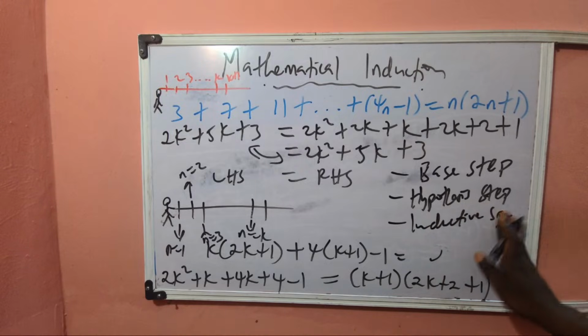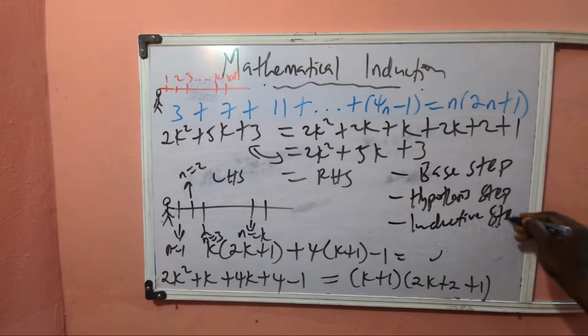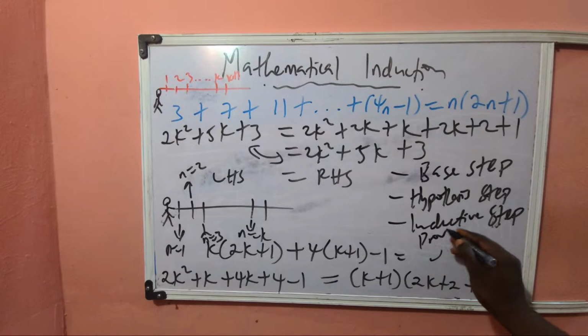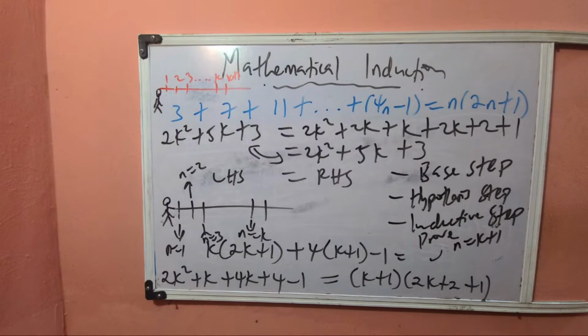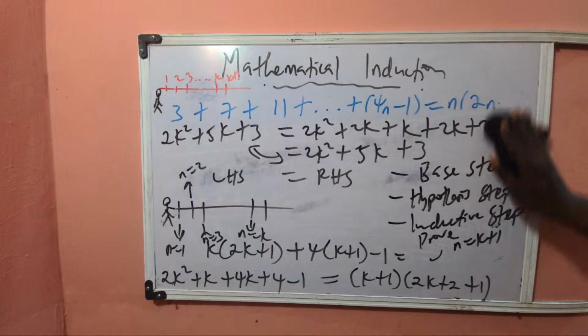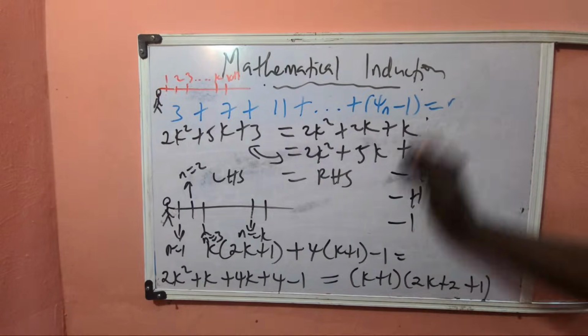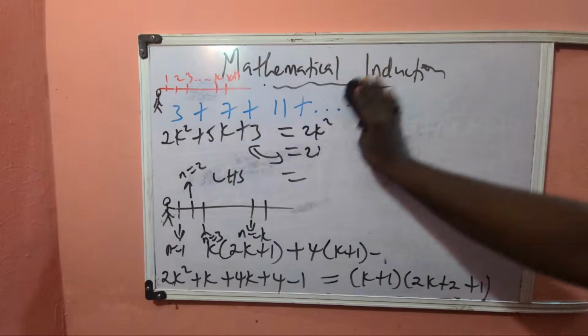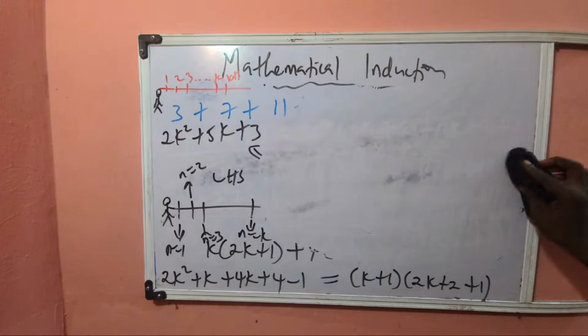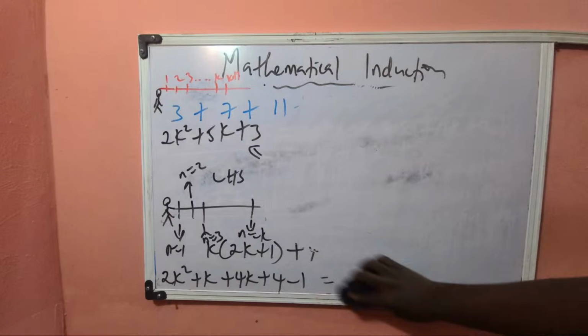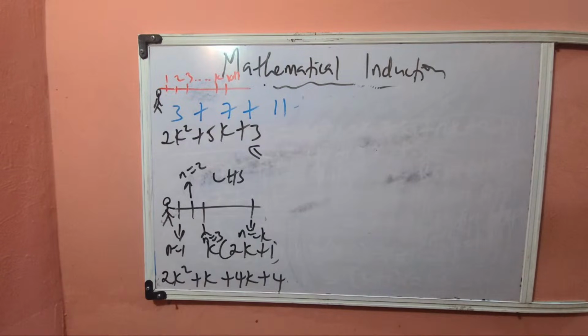This is where you prove that the step after n equals k, which is n equals k plus 1, is actually true also. It's that simple. So you don't need to ever feel mathematical induction has any complexity. It's very simple. So let's solve rules for divisibility and see how we apply mathematical induction to them.